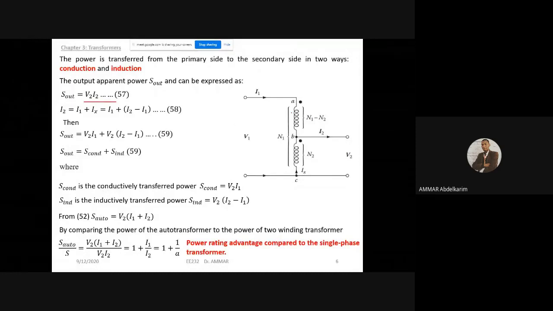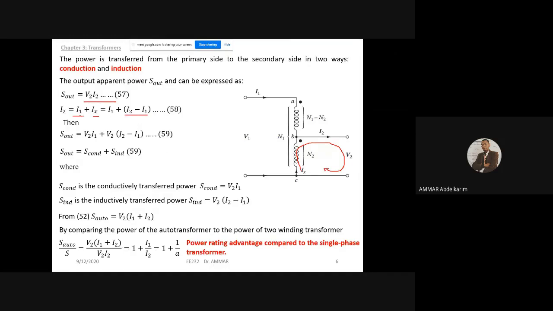However, since we have a common coil, the output current equals the current I1 that came from the primary plus the current IX, which equals I2 minus I1, the current here.